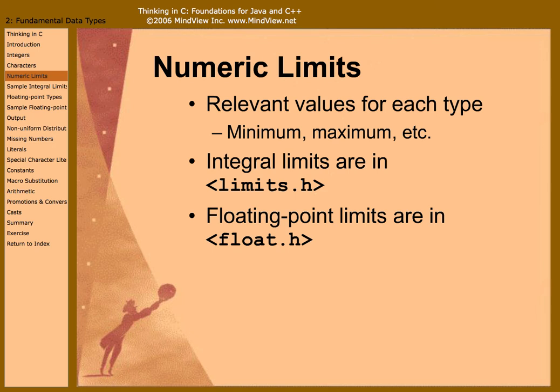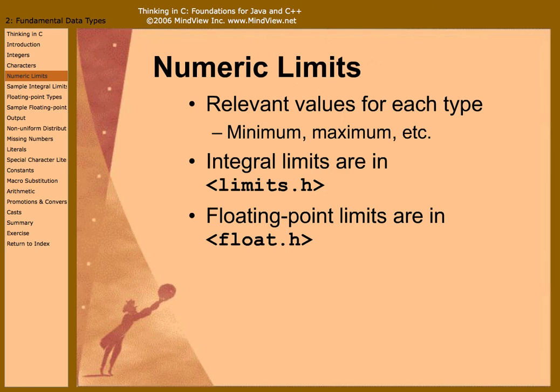But you can find it out. You can query it in your program by examining constants that are defined in a couple of key header files that come with your system. For example, the integer limits are defined in limits.h. So if you include that, and if you look up in your documentation what the names of those constants are, some of which I'm going to show you shortly, then you can use those in your program.